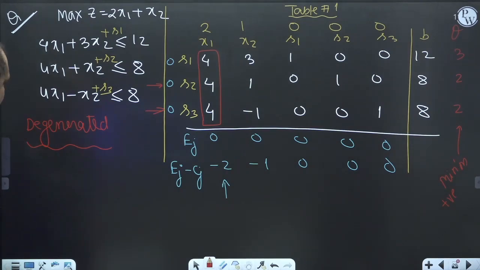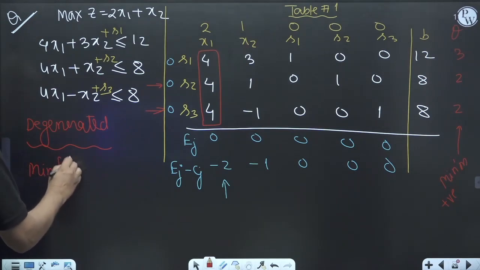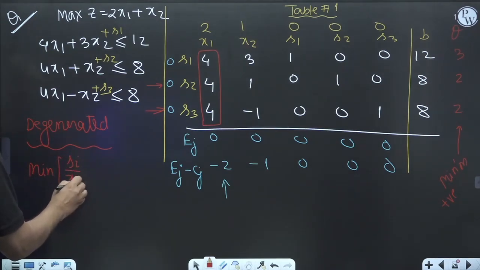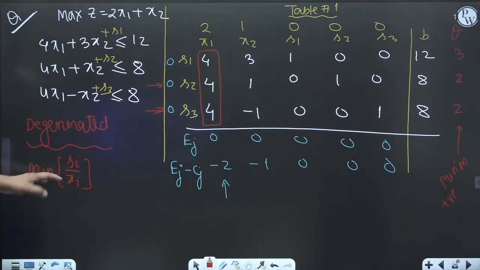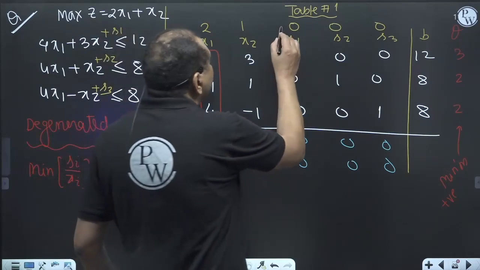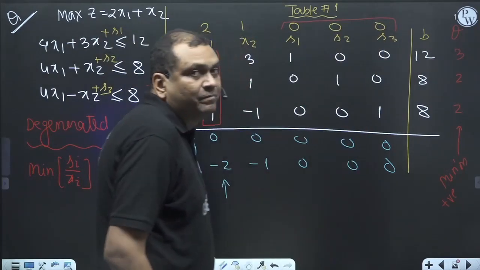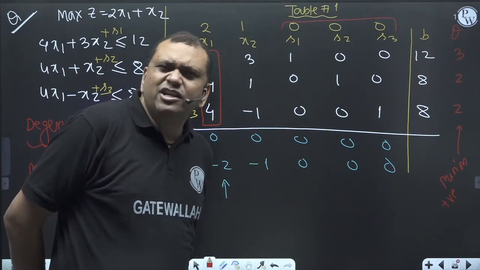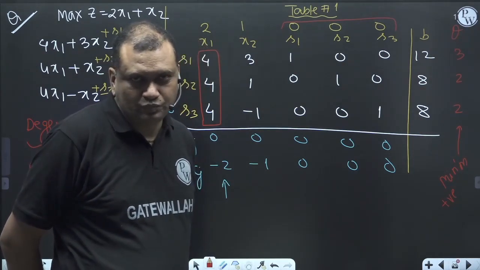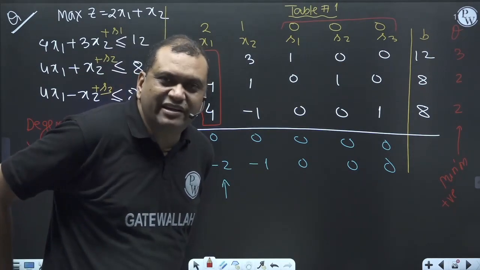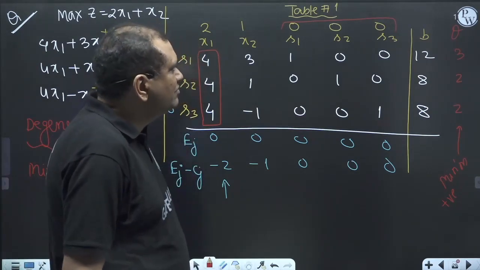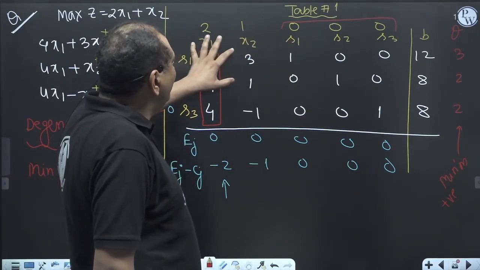Then what will we do? We take the decision on the minimum of Si over Xi. For whichever parameter it is minimum, I take the decision on that. What is Si over Xi? These ones. If the problem is degenerate, I will not focus on x1, x2.